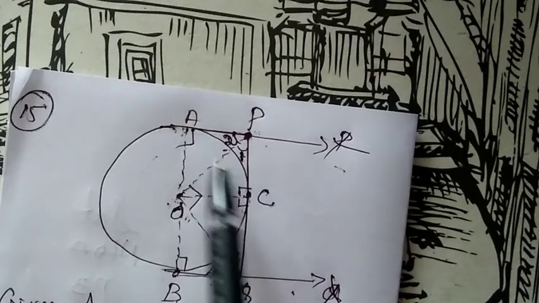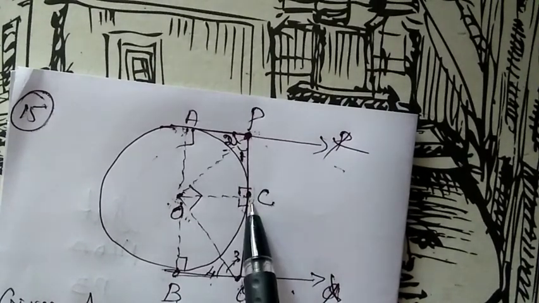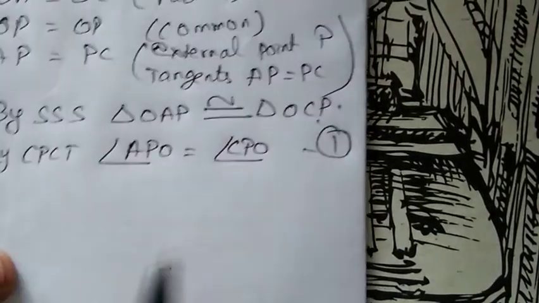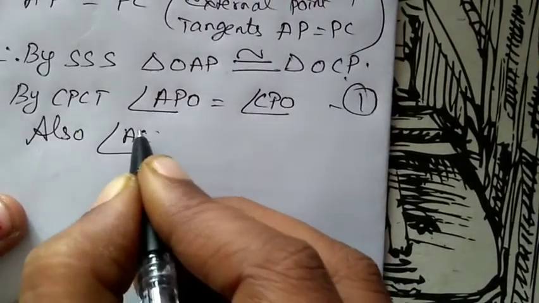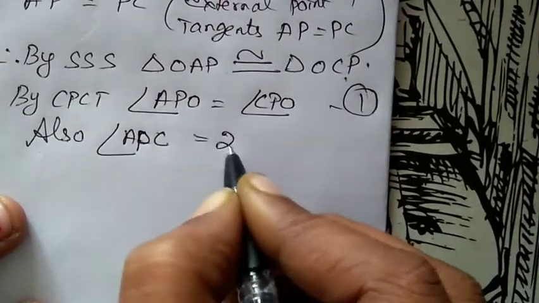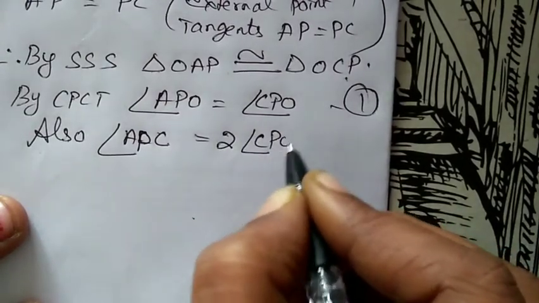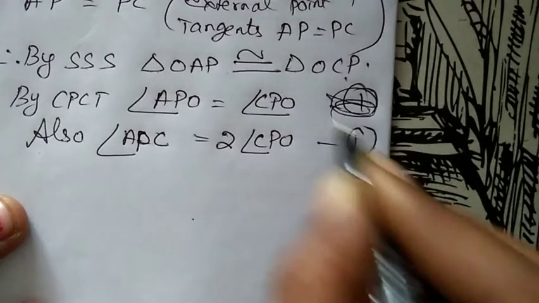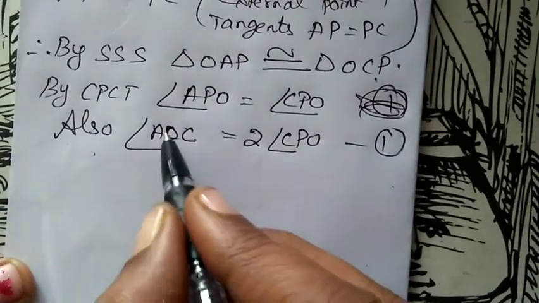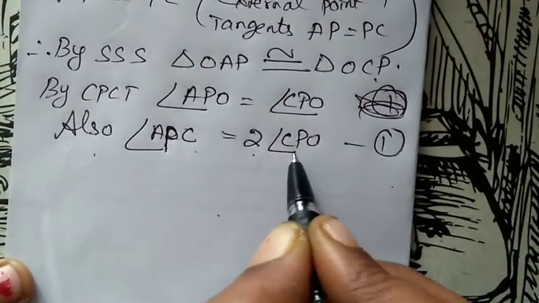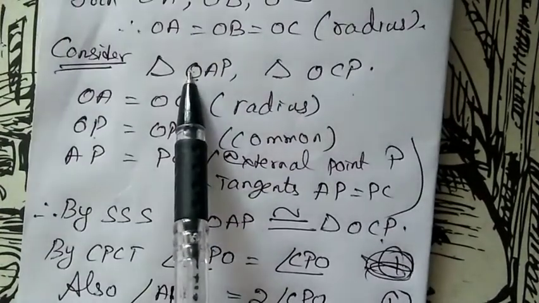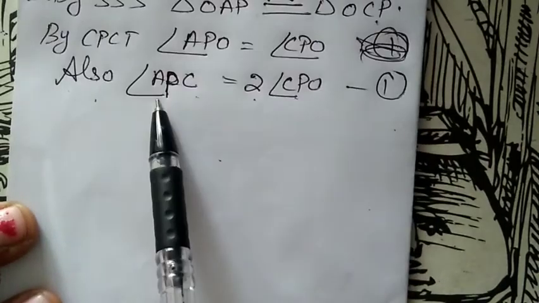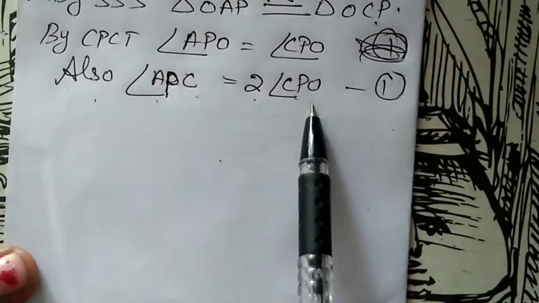So we can consider now this full angle APC. So also, angle APC is 2 times angle CPO. So I'll make this as first equation. When we considered OAP and OCP, we got angle APC is 2 times angle CPO.